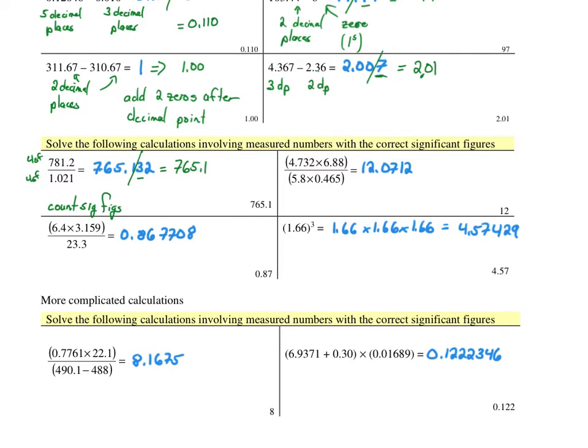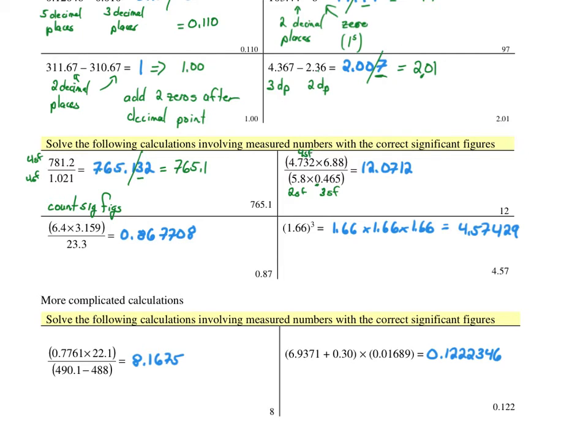In the next problem over, again, we're counting sig figs for each of these numbers because this is all multiplication and division. So we have 2 sig figs here. This leading 0 does not count, so we know that we have 3 sig figs in 0.465. This number here has 4 sig figs.